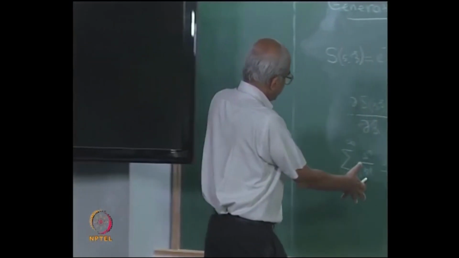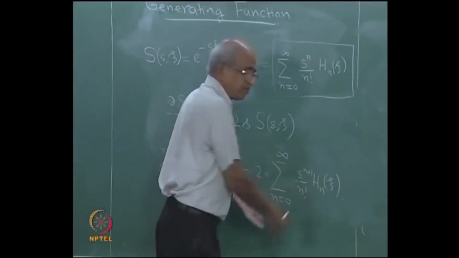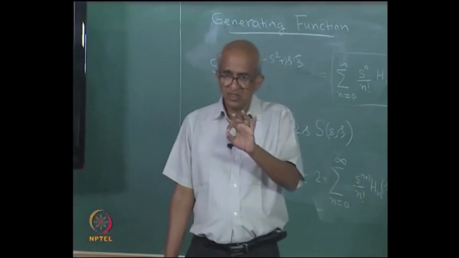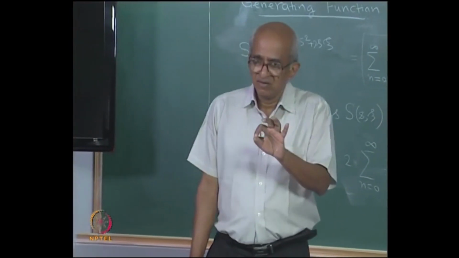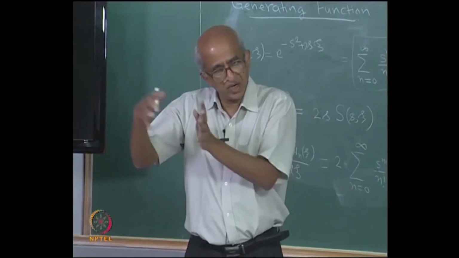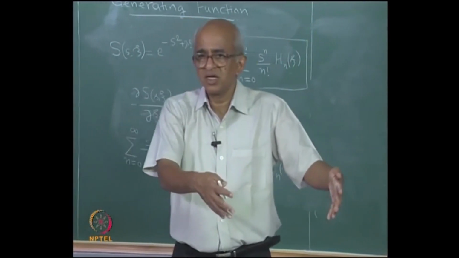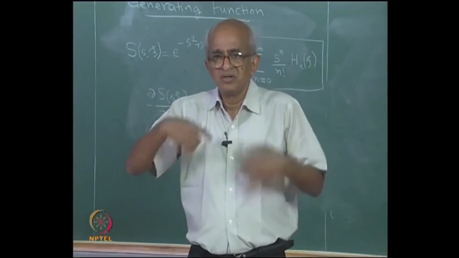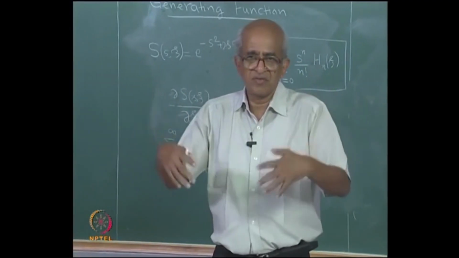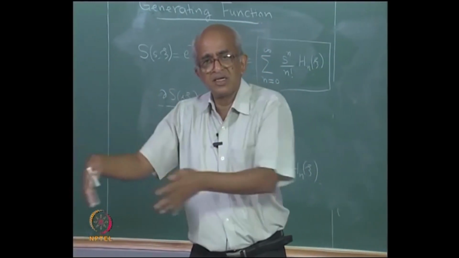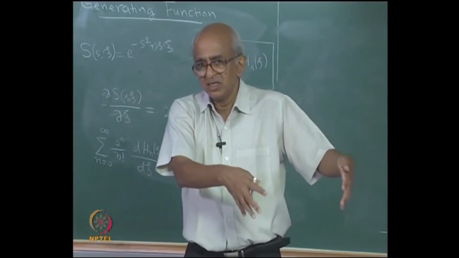So you see here, left hand side you have a power series, right hand side you have a power series in s. If you say one power series is equal to another power series, then what should happen? All the coefficients, if you think of the coefficient of s to the power of 4, whatever is there on the right hand side, it has to be equal to whatever is there on the left hand side.